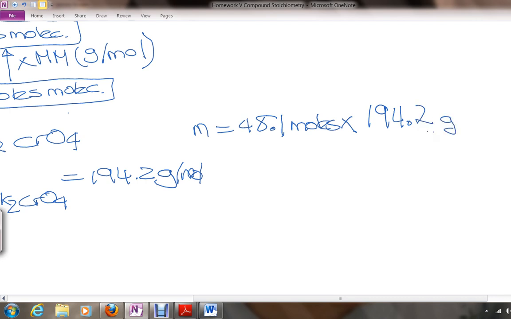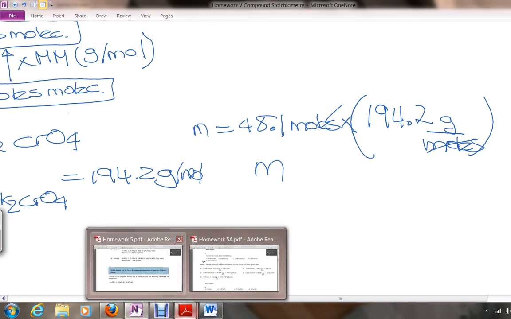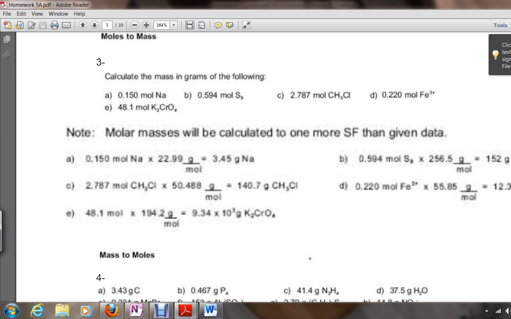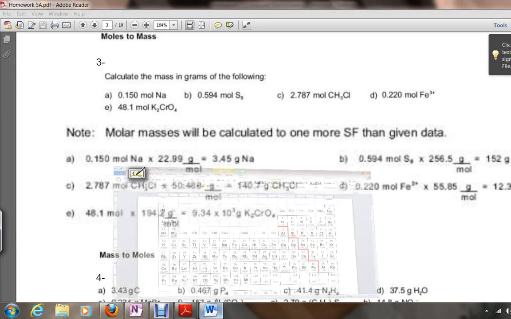You cancel out the moles, and the mass is going to give you 9.34 by 10 to the third.